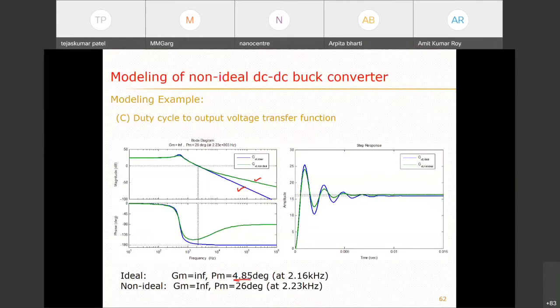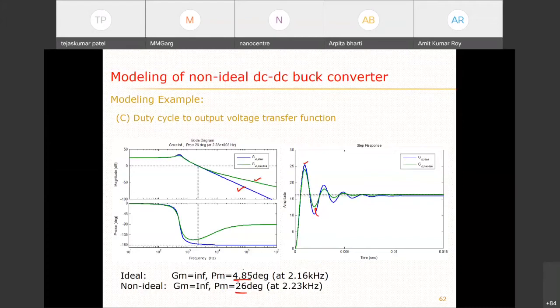Let's see. When we plot the frequency domain response and time domain response, the blue one is the frequency response for the ideal case, and the green one is for the non-ideal case. For the blue one, the phase margin, this is for open loop yet. We have not discussed closed loop so far.